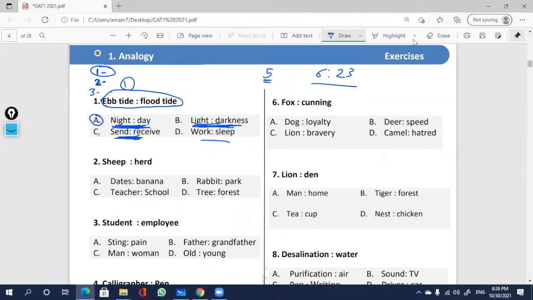So here the relationship is following up, or succession. Flood tide follows ebb tide, and ebb tide follows flood tide also.